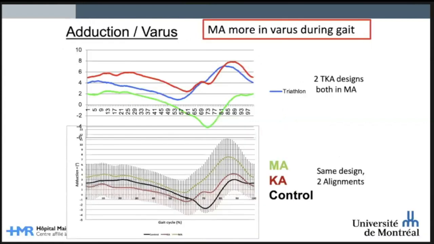But then if we compare this graph comparing the two knee designs at the top with the graph at the bottom, where it was the Triathlon knee here and here, changing from MA to KA had a significant impact on knee kinematics, much more than the knee design impact. So our surgical technique is one of the key features to improve our patients' knee kinematics.